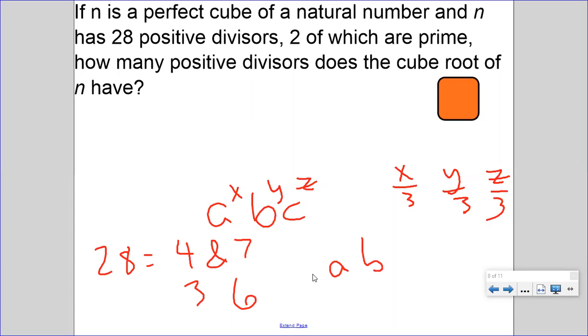I just put the smallest ones, like 2 cubed and 3 to the 6th. Yeah, so we pick some primes; we don't necessarily care which ones. Could there have been another factor?